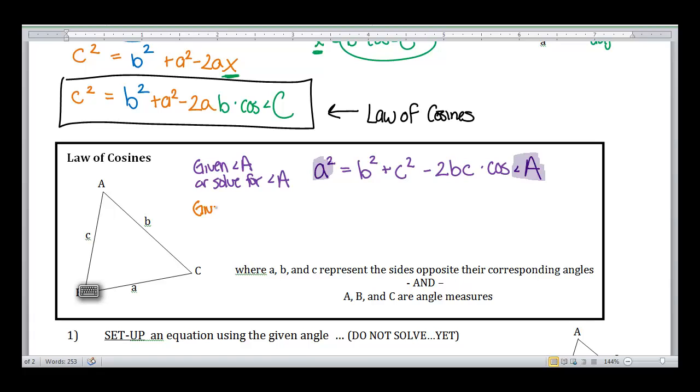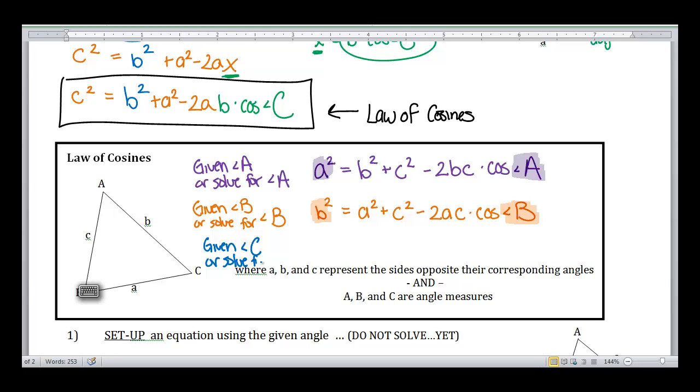So let's say you were given angle B, or you wanted to solve for angle B. The version of law of cosines you would then use is side B squared equal to the other two sides, A squared and C squared, added together, minus 2 times those other two sides, A and C, times the cosine of angle B. Again, you will notice that when I had side B equal, I use the cosine of angle B. And lastly, if I'm given angle C or want to solve for angle C, I'm going to use the version we just did.